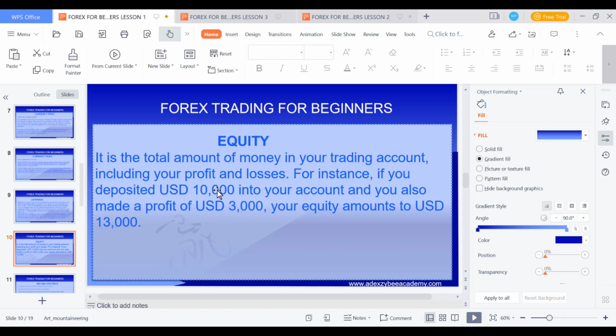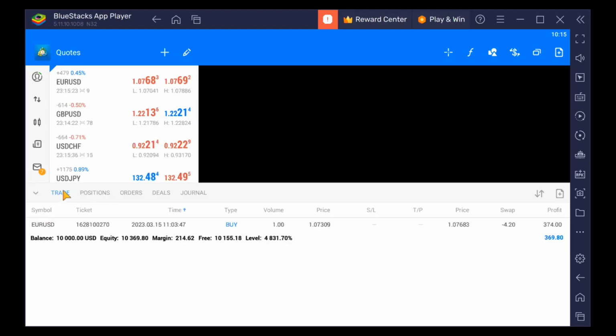Now, your balance is still $10,000 because you have a trade running, you have not closed it. Equity will now be $10,000 as your capital plus $3,000 as your trade profits while the trade is still running. Now your equity amount is going to be 13,000, and I'm going to show you this now.